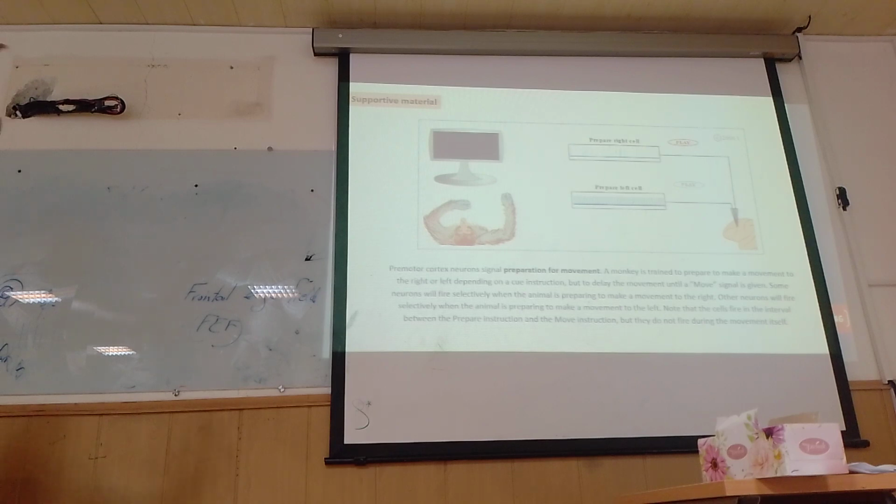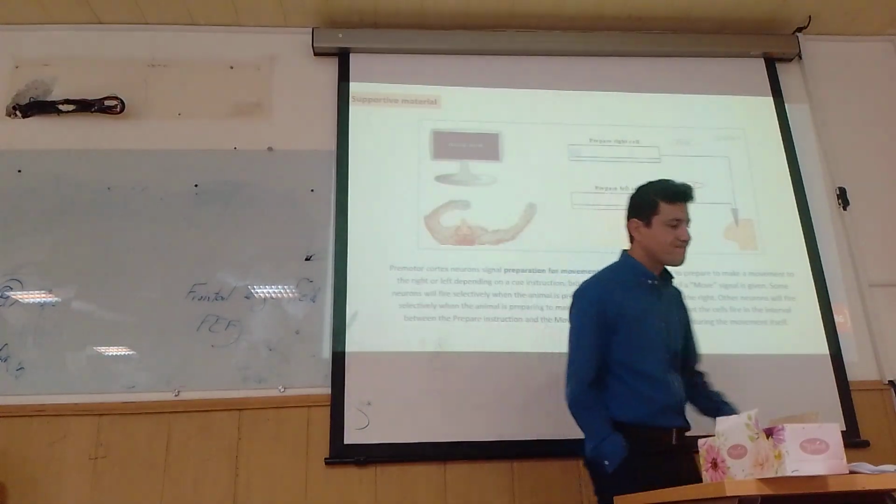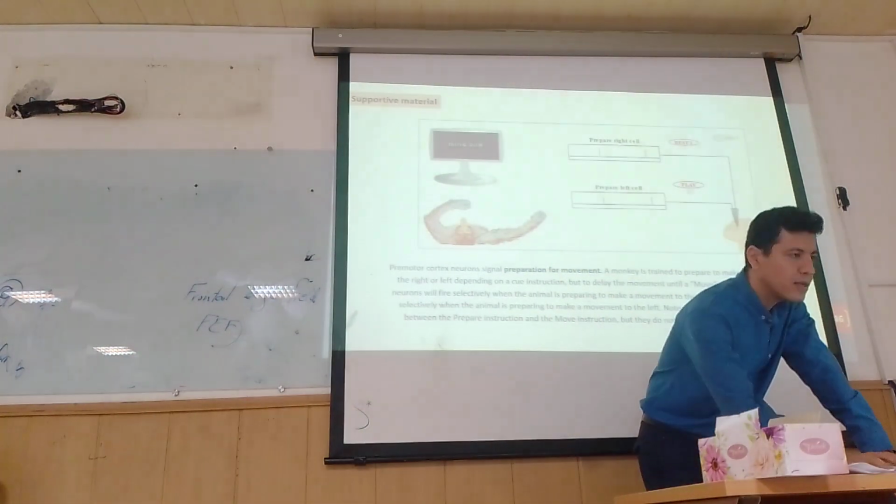Right? Some neurons are activated when we want to move to the left. Others are activated when we get a stimulation that tells us to move to the right. Okay? So planning for different directions.